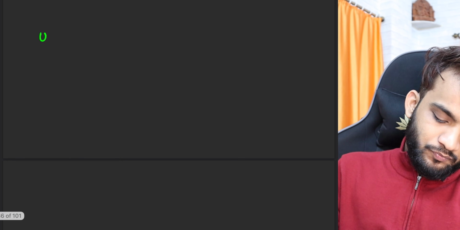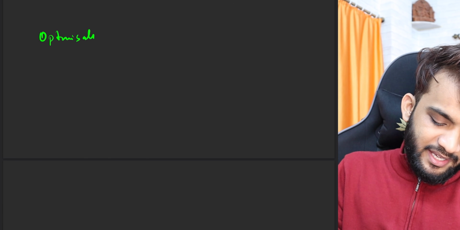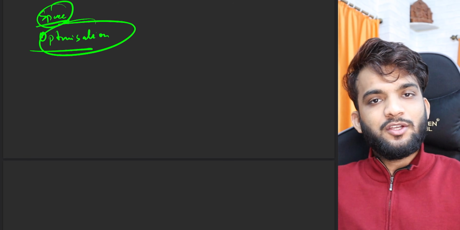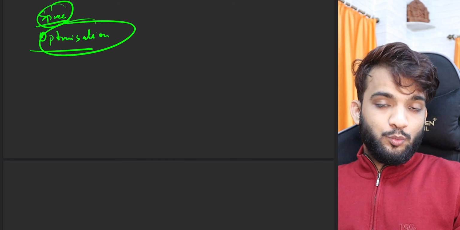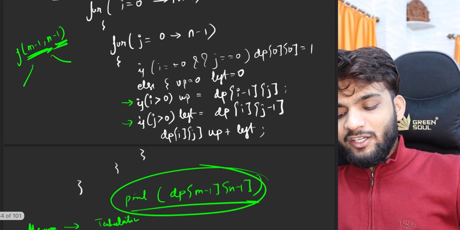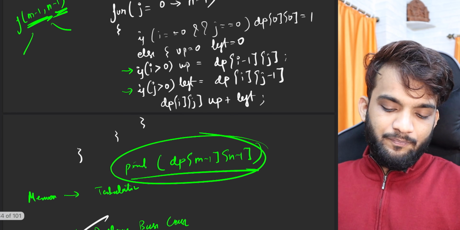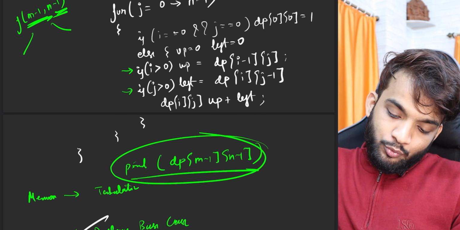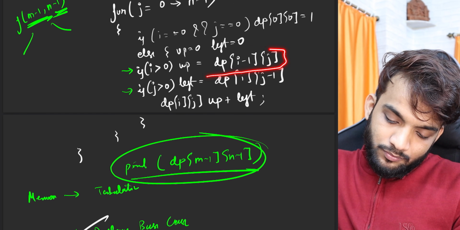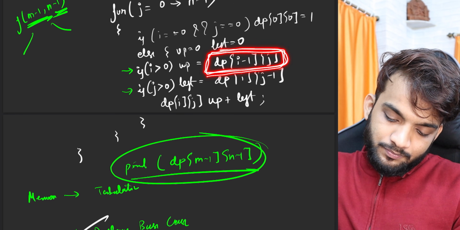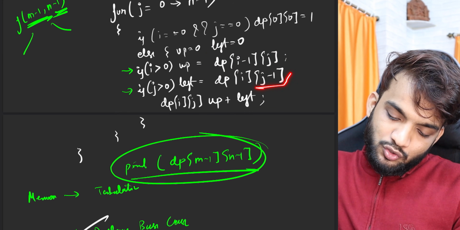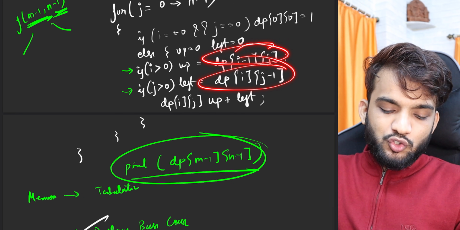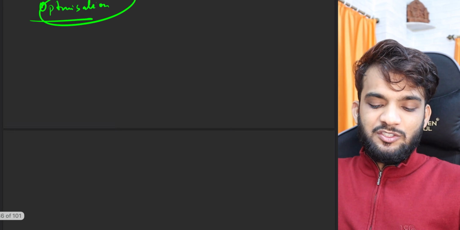What's the next step? The next step is space optimization. Can we do a space optimization? What did I tell you about space optimization? I told you, if at any moment we are using just the previous row and the previous column, then we can definitely space optimize.